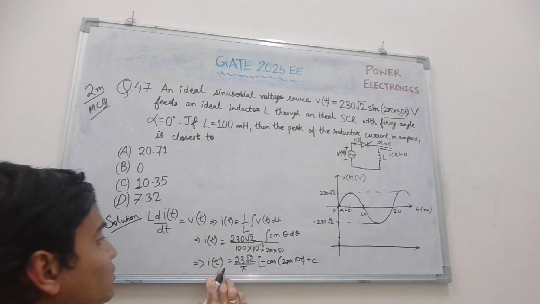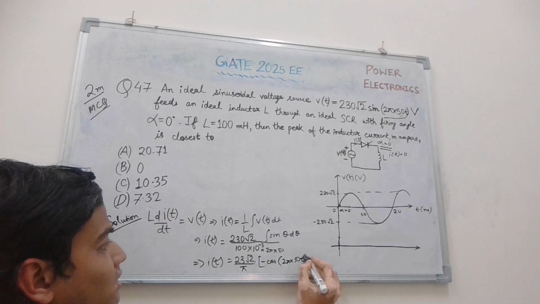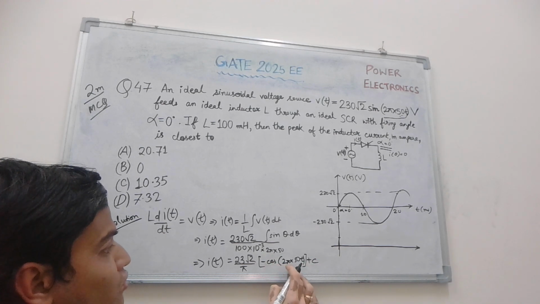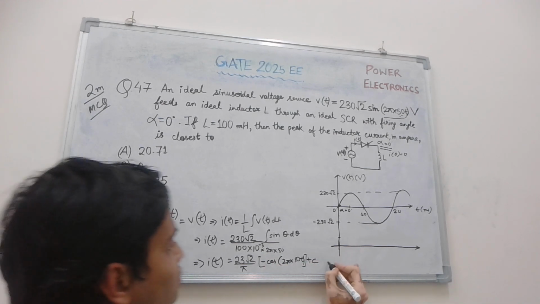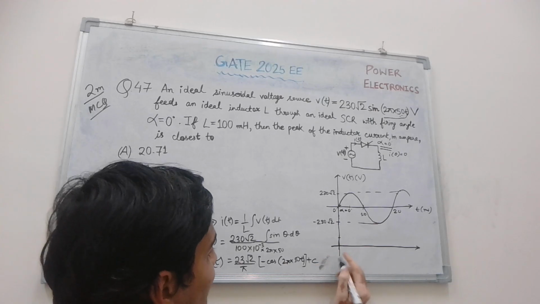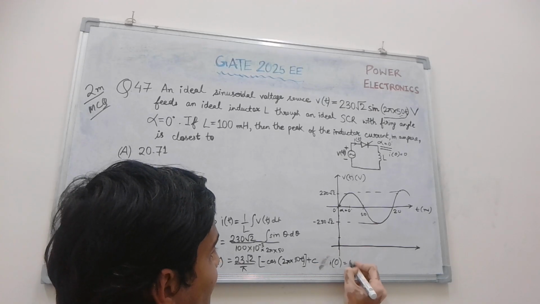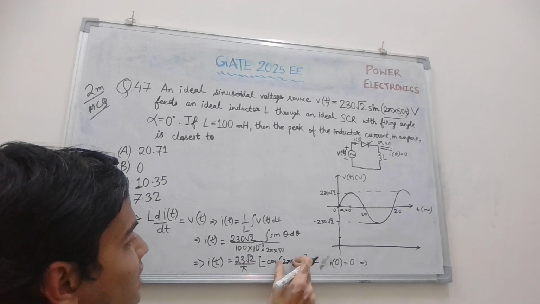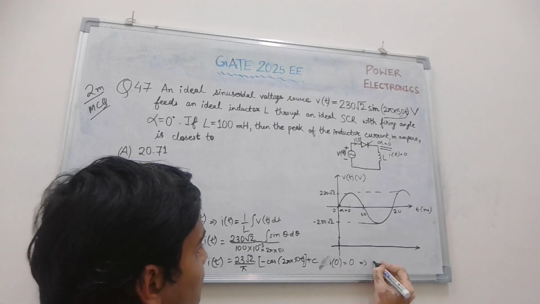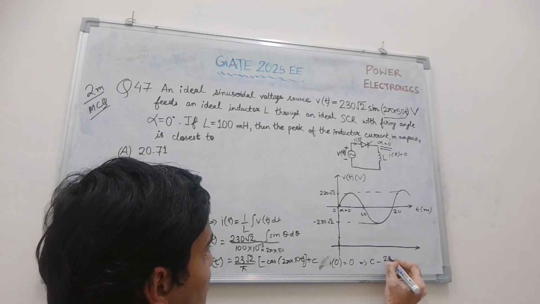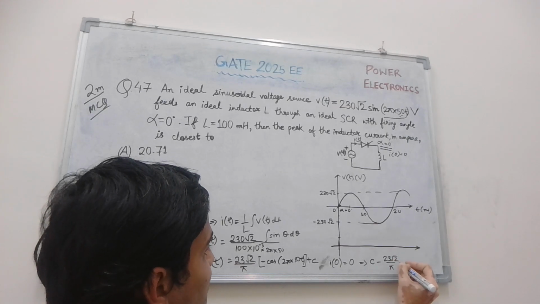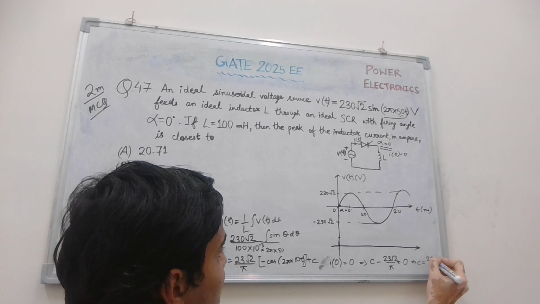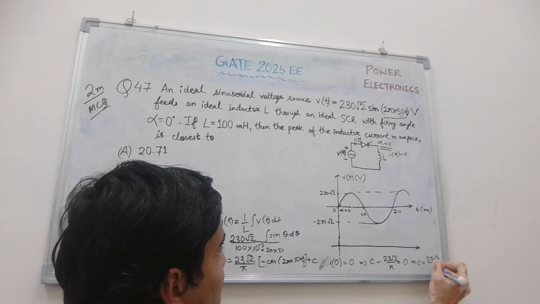We put t equal to 0 here. Cos 0 is 1, so this term is minus 1. So C minus 230 root 2 by pi equal to 0, or C equal to 230 root 2 by pi.